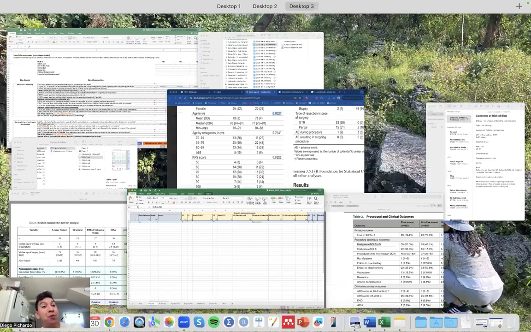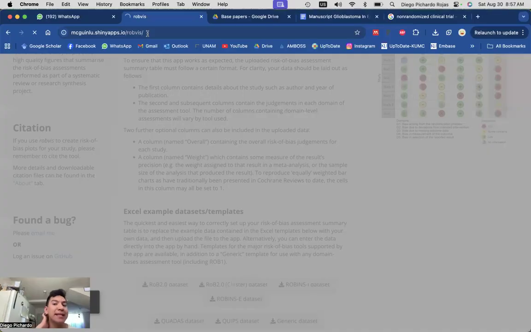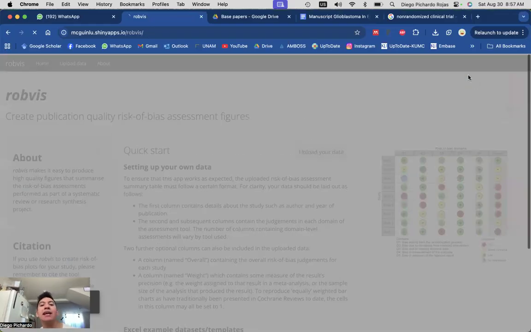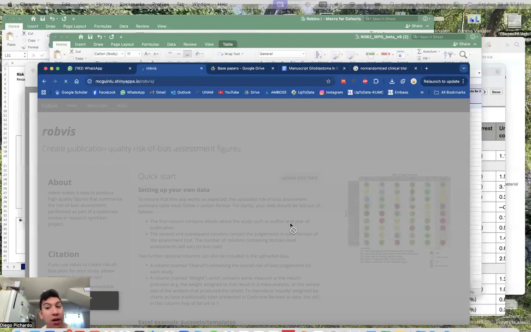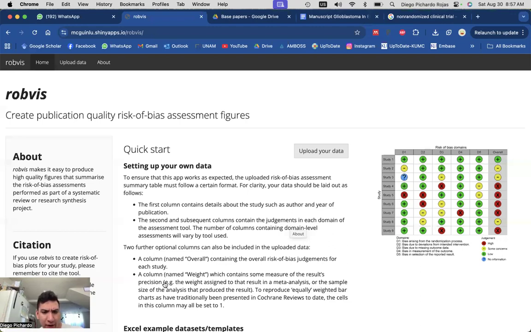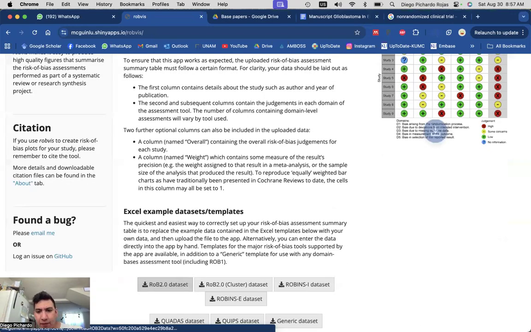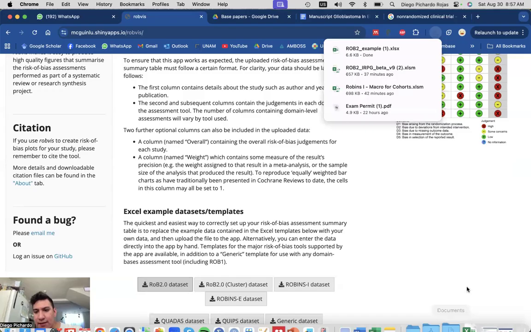So now what we would do is go to this software, which is called the RobVis, all right? So the RobVis is basically just a fancy website to make really nice green light assessments. And basically we're just gonna say, oh, domain number one and number two was pretty good. Okay, here you go. Here's the ROB2 data set.